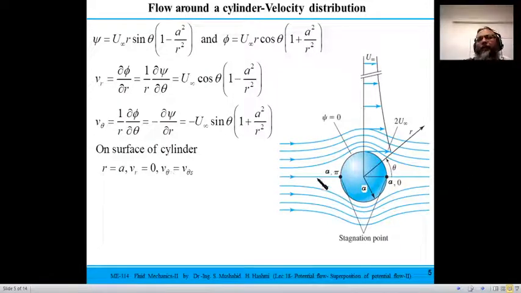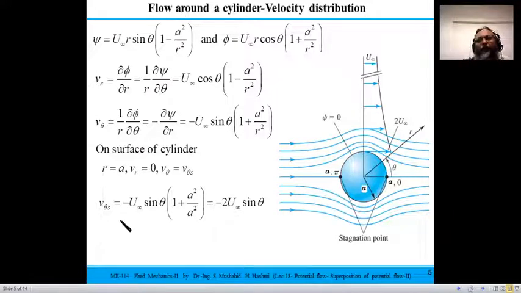So we say that the tangential component will be the velocity which is actually at the surface of the cylinder. So v theta is the tangential component, and the subscript s represents the surface. So when r is a, the tangential component of the velocity is v theta s. You understand that this is the tangential velocity at the surface of the cylinder.